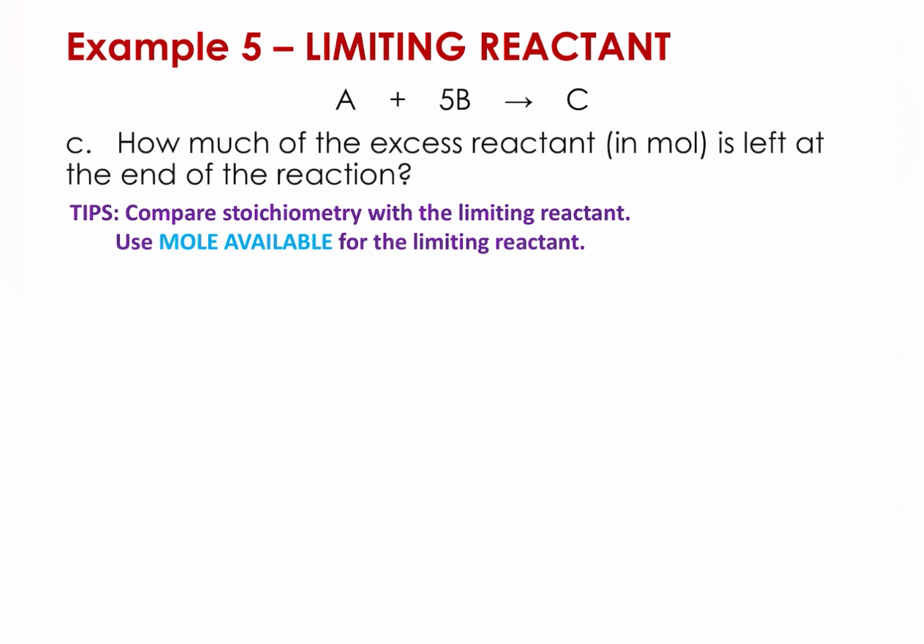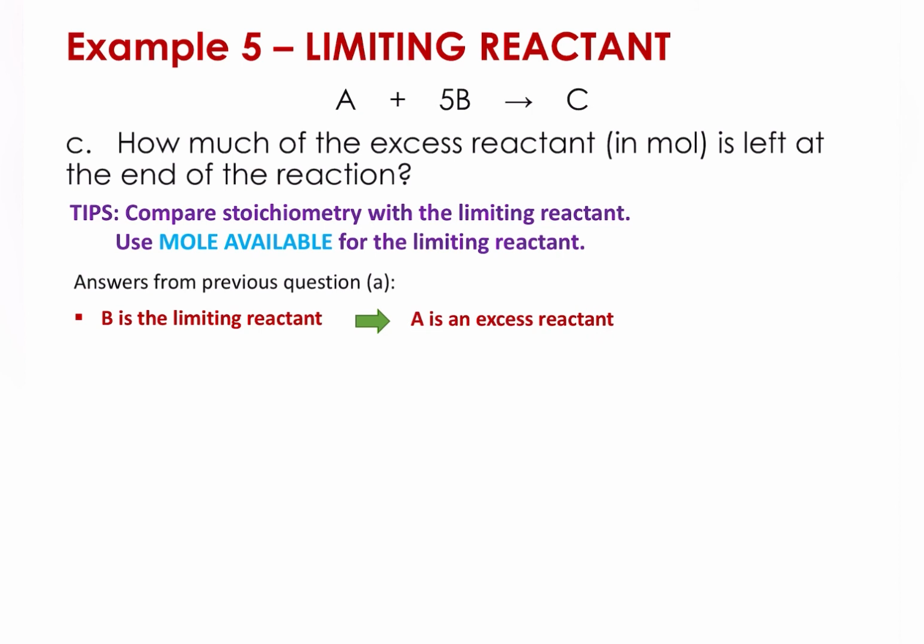Dalam case ini, I got my previous answer from question A. B is my limiting reactant. So, which means that daripada equation, kita tahu another one more reactant adalah A. So, A is our excess reactant. Dan mole available untuk B adalah 9 mole dan mole available untuk A adalah 2 mole. Ini adalah yang diberikan dalam soalan.